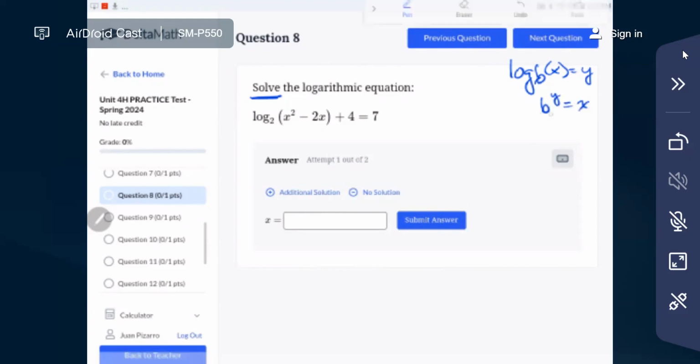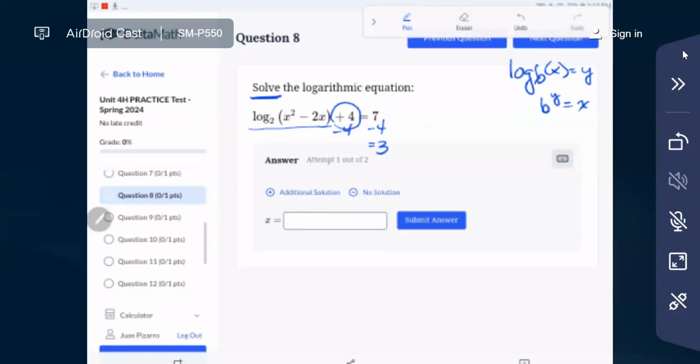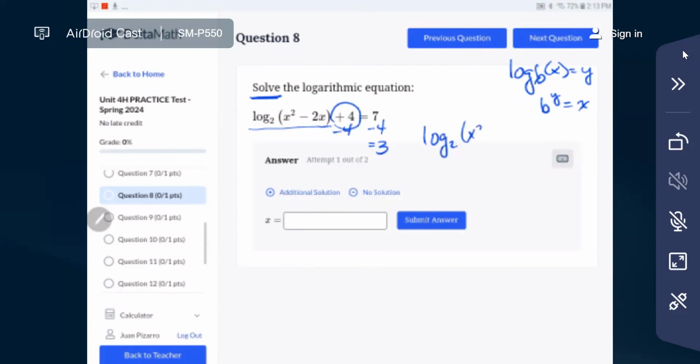But first, this expression needs to be by itself. We can't do this switch when we have this 4 here. So the first thing you need to do is subtract 4 from both sides. Now we have equals 3. And so now we have log base 2 of x squared minus 2x equals 3.